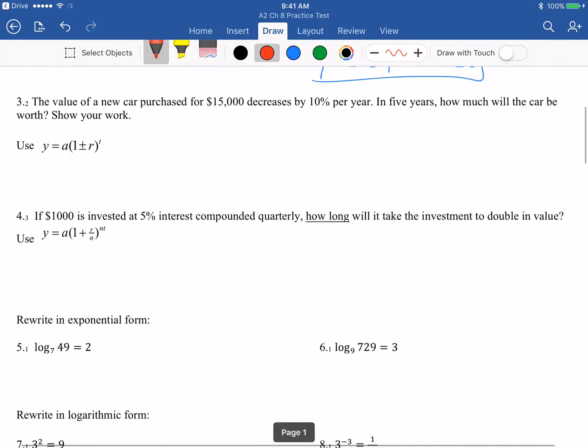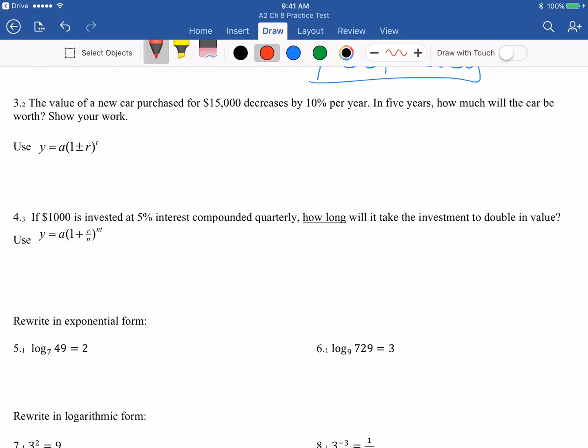Going on to number 3, we have the value of a new car purchased at $15,000 depreciates at a rate of 10% per year. How much will that car be worth in 5 years? So we look here, it has the plus or the minus, we look. And if it's depreciating, that means that we have minus here in that equation.